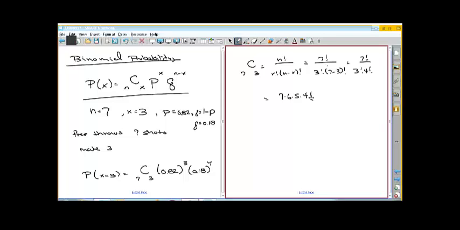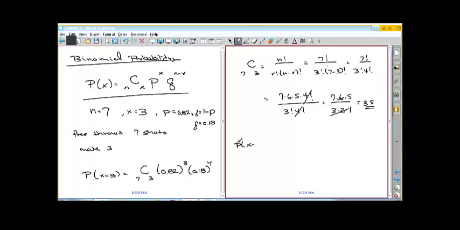I'm going to go down until I get to 4, using the factorial. Divide by 3 factorial and 4 factorial. Well, you can cancel those out. Remember, don't forget that that's 3 factorial, not 3, or you'll be off by a factor of 2. And you can just do the math, or you can simplify, and you get 35.